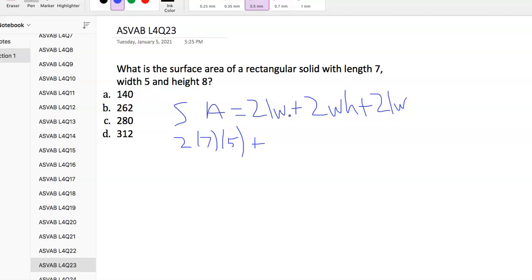And I just plug those into that right there. Okay, 2 times 7 times 5 plus 2 times 5 times 8 plus 2 times 7 times 8. Okay, all we're doing is just plugging stuff in from what we were given up top.